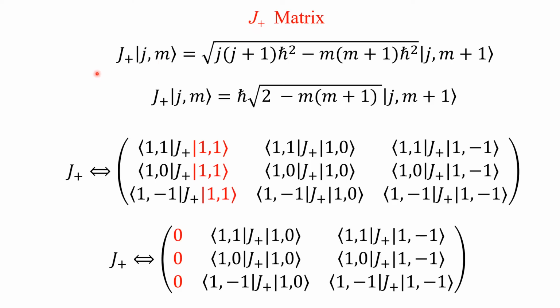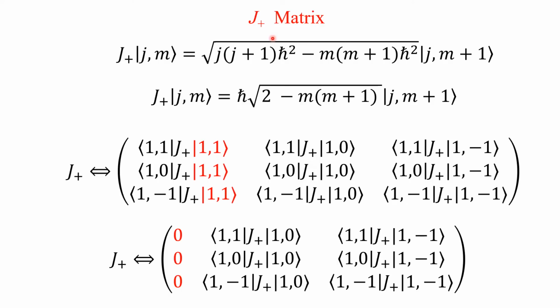Now we will find the J plus matrix. J plus means the raising operator. So when the raising operator operates on the ket |j m>, you will get the eigenvalue of j into j plus 1 ℏ squared minus m into m plus 1 ℏ squared.